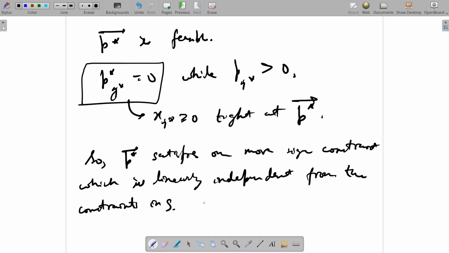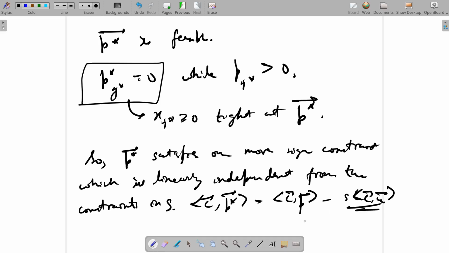Alright, and the last thing we have to do is check what the objective function looks like for this new point. This is C dot P, a fixed number, minus S times C dot W. What about C dot W? That's 0, right? This is nothing but C dot P. So here what we have done is just moved along the hyperplane.